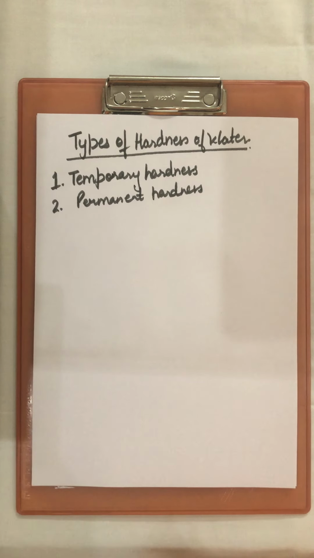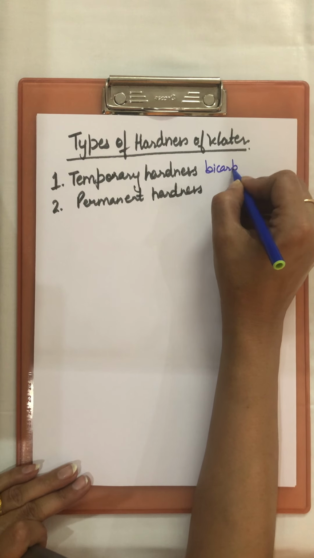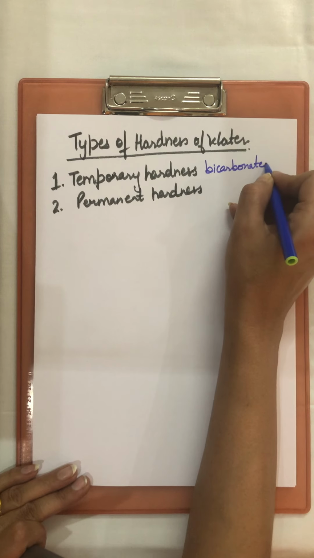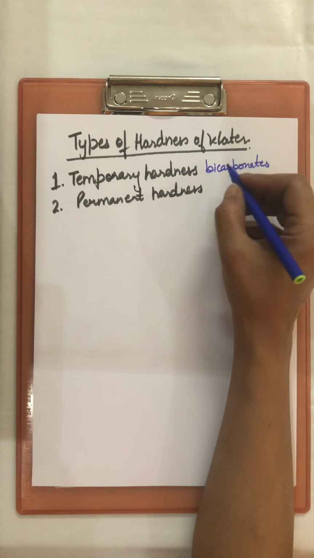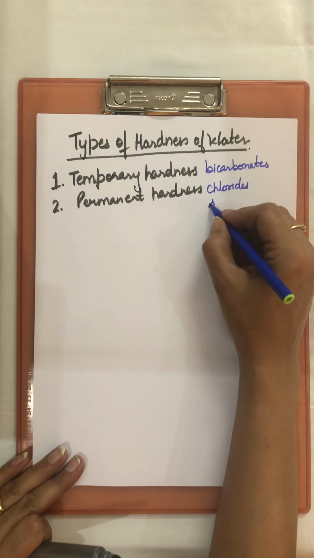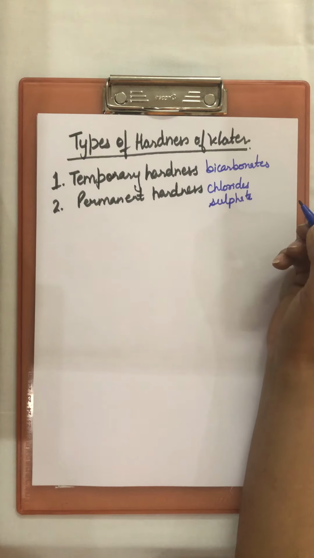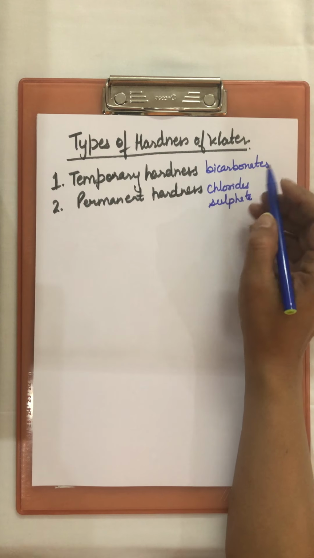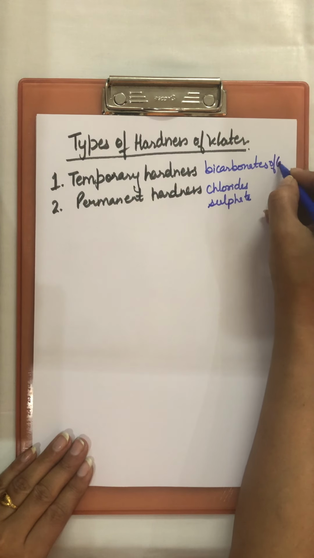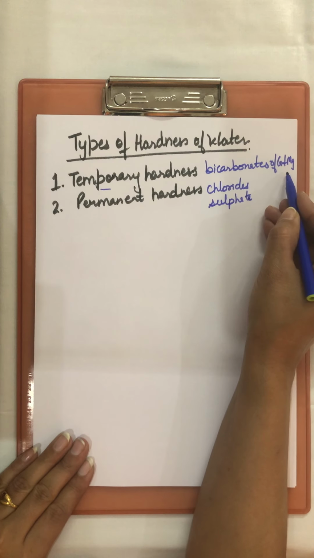What is temporary hardness? Hardness in water is because of bicarbonates, chlorides, or sulfates of magnesium and calcium. If there are bicarbonates of calcium and magnesium, that water is temporary hard water.